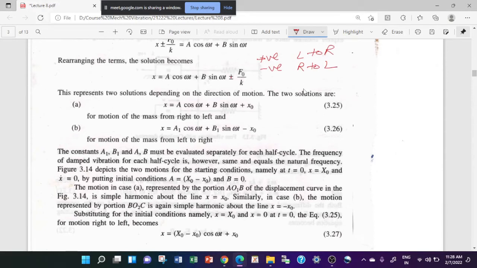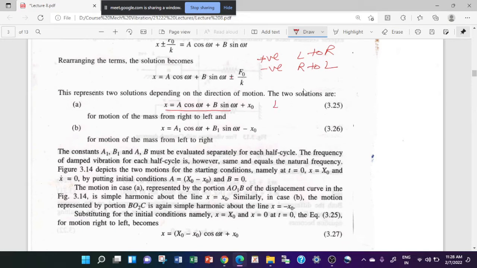So this is the solution here. This is the condition when you are having a motion from right to left. And this is the equation of displacement when you are having left to right. Now here you are having a and b constants, then you are having a1 and b1 constants here, which you will find by some initial conditions. And these two equations are valid only for half cycles.